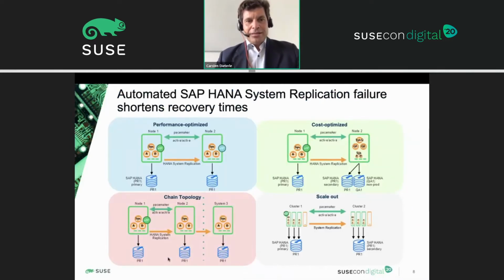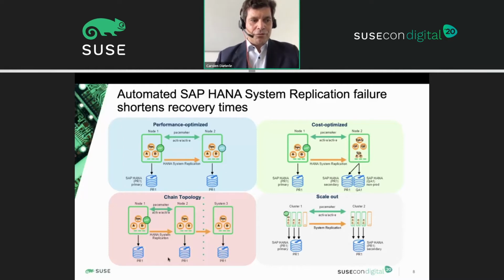Coming now after the technology preview, the introduction to how we do high availability. SUSE provides with SLES for SAP as well the high availability extension for their SUSE Linux Enterprise Server, and you have different possibilities to set high availability clusters up and running.